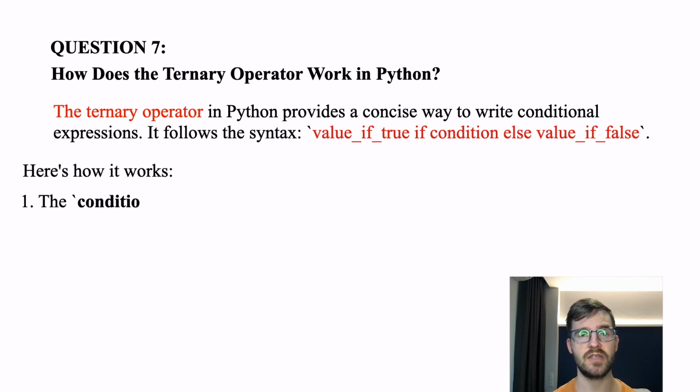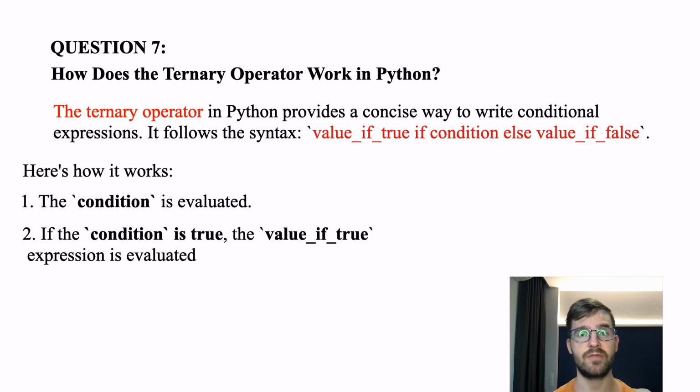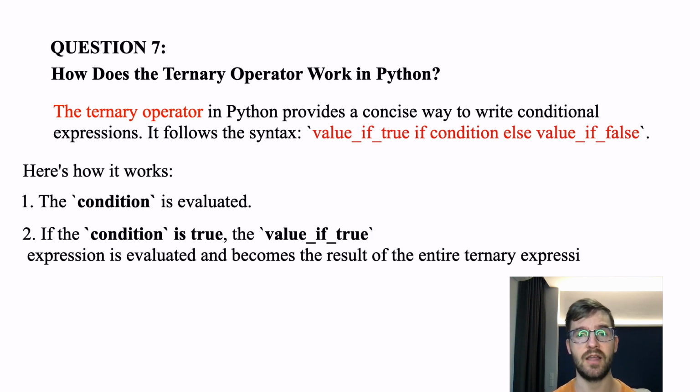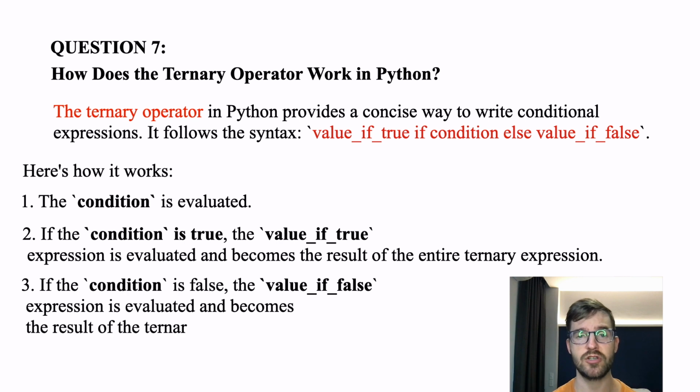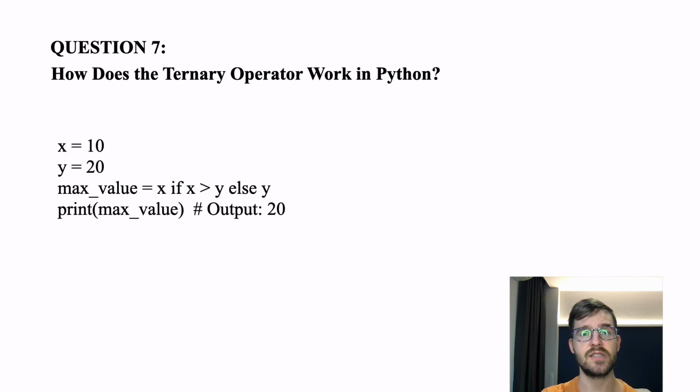First, the condition is evaluated. Second, if the condition is true, the value-if-true expression is evaluated and becomes the result of the entire ternary expression. Third, if the condition is false, the value-if-false expression is evaluated and becomes the result of the ternary expression. You can see an example on your screen.